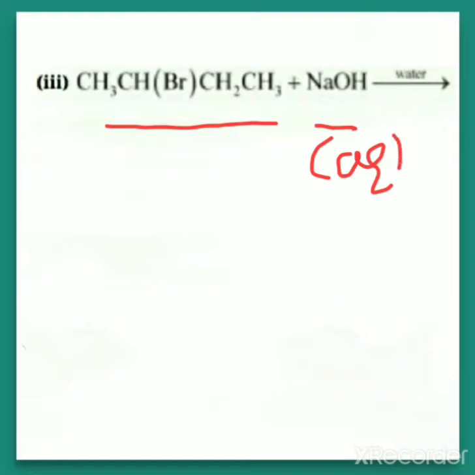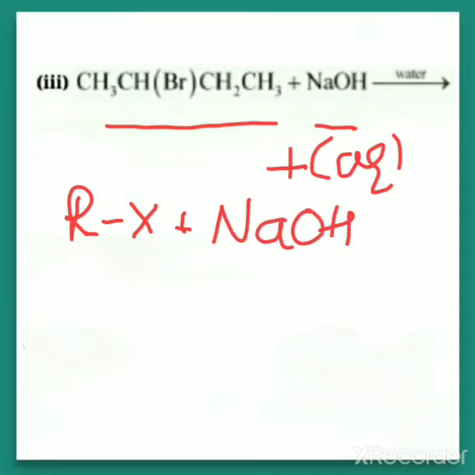Aqueous NaOH is given to us. And we know that for a haloalkane, that is we represent by RX plus aqueous NaOH, this we have learned, that is a nucleophilic substitution reaction.